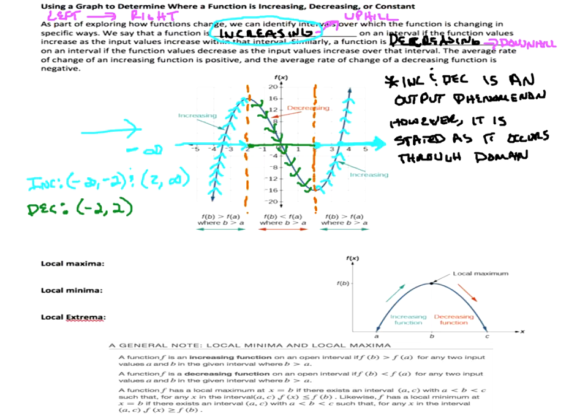The reason you do not use brackets when you're talking about increasing and decreasing is because at those turning points, at that very input value of -2, you are neither increasing nor decreasing. At that point, you simply just are.